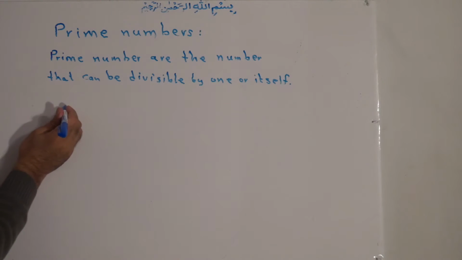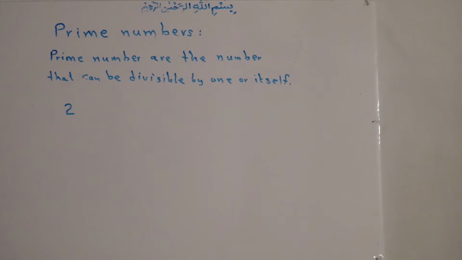For example, 2. 2 is a prime number. 2 is only divisible by 2 and by itself. It cannot be divisible by 3 or anything else.